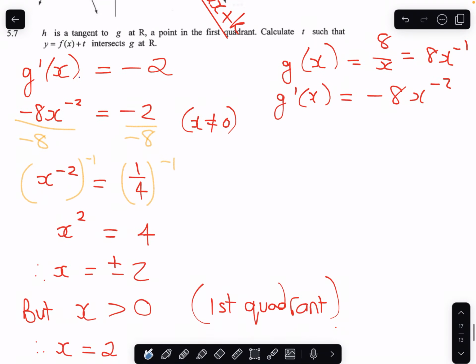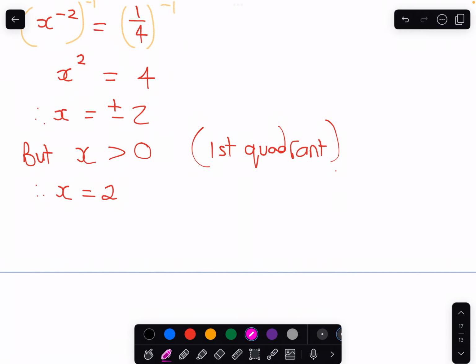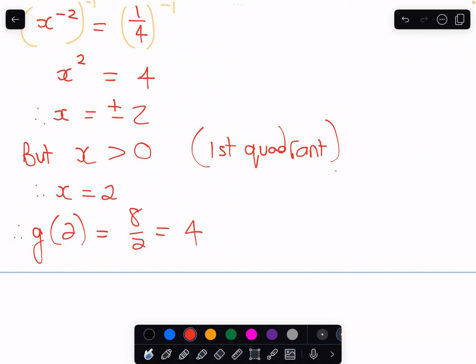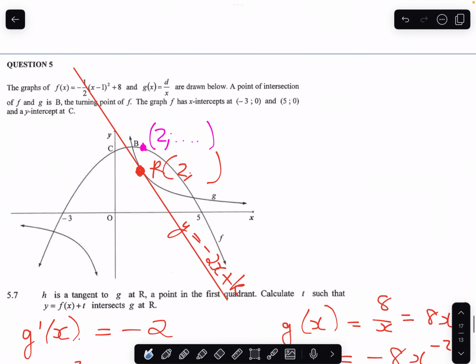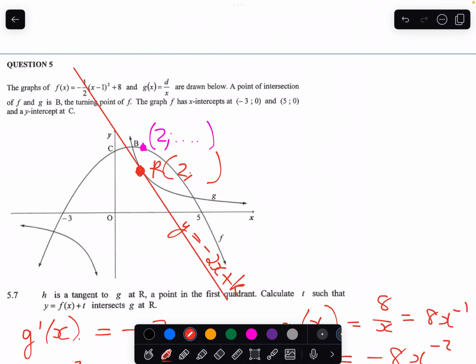Okay, so we want to find the value of the function when x is equal to 2, so that will be 8 over 2, which is 4. First of all, I know that I've sketched my r very poorly, which began by me sketching my tangent very poorly.